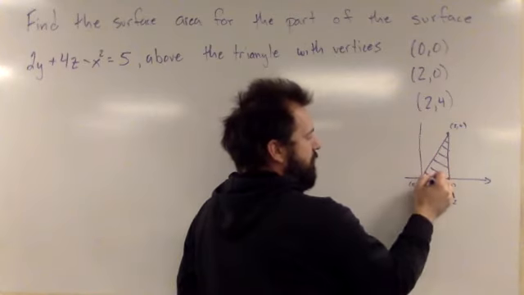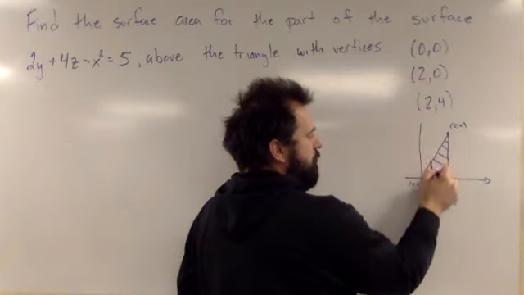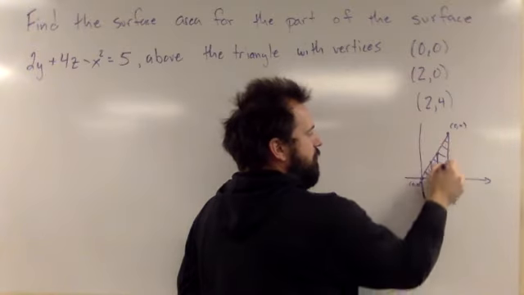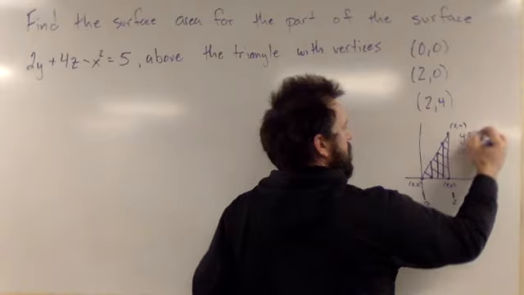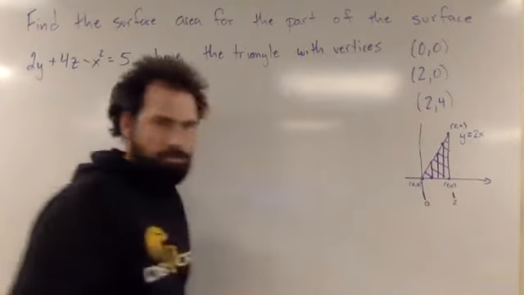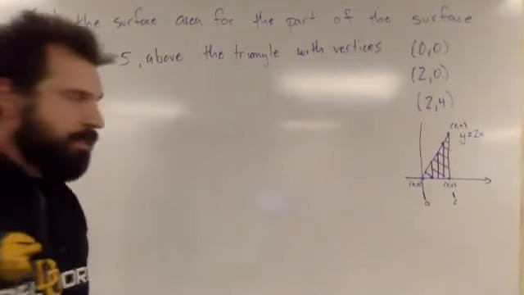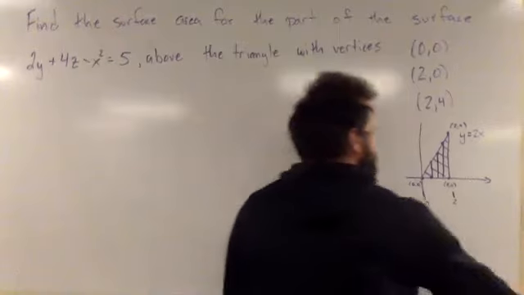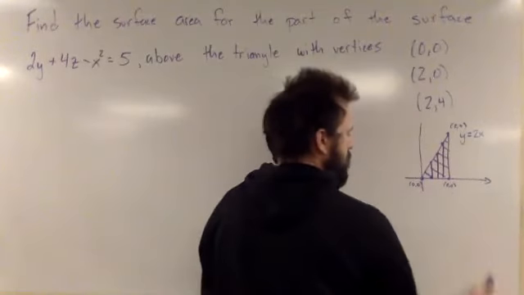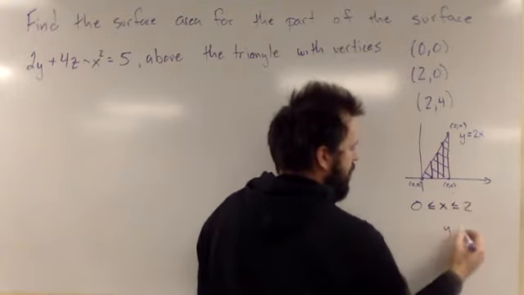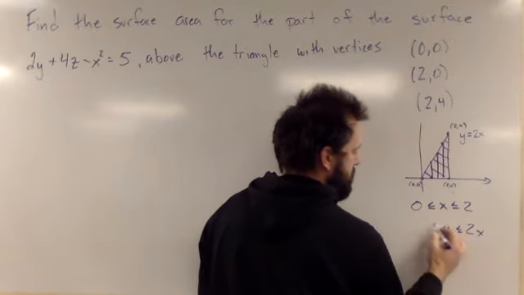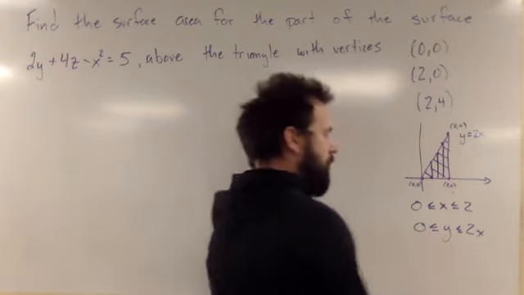Well, my y values are going from 0 to the equation of this line, which is y equals 2x. So I have bounds: x is going from 0 to 2, and then y is bounded by 2x on the top and 0 on the bottom.